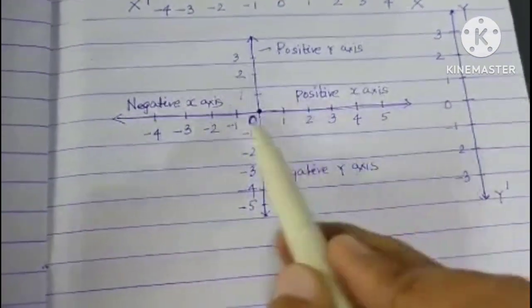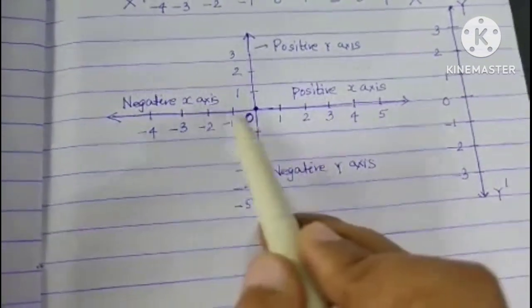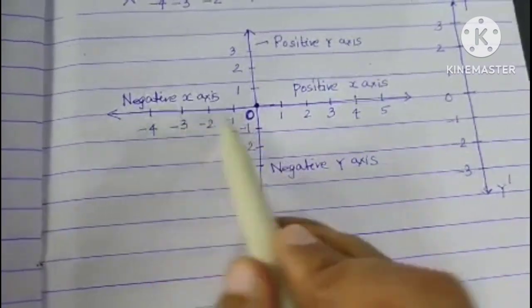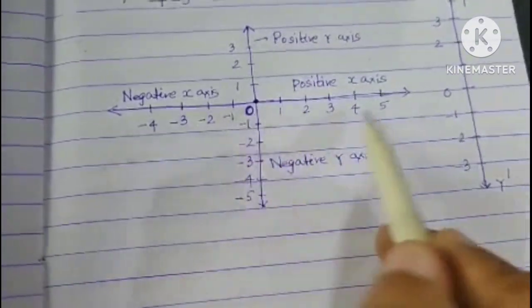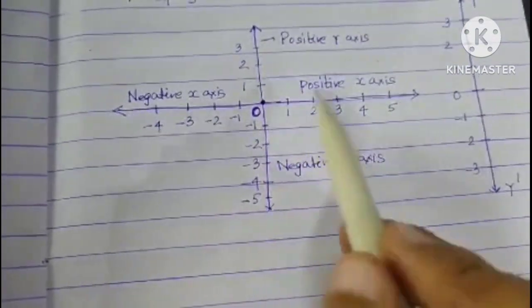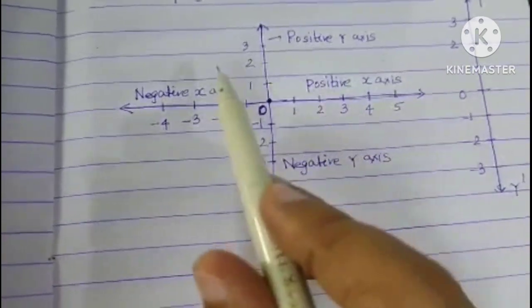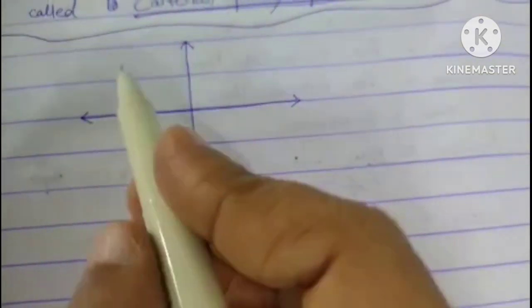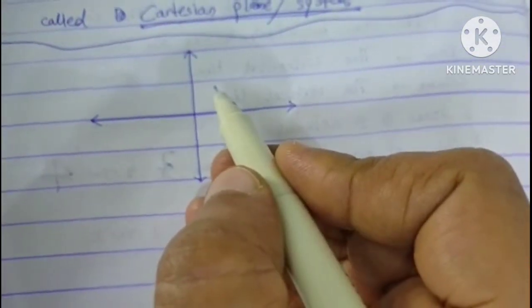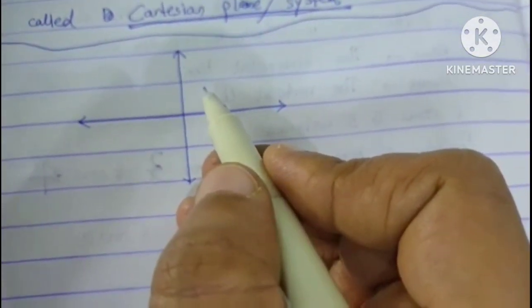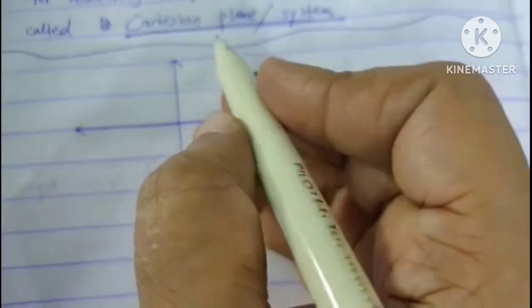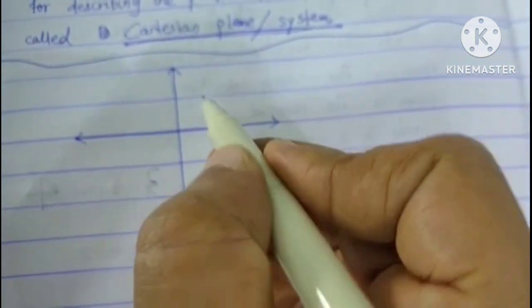If we take the axis, these two axes divide the whole plane into 4 parts: 1, 2, 3, 4. So these axes divide the plane into 4 parts, and we describe it as quadrant.